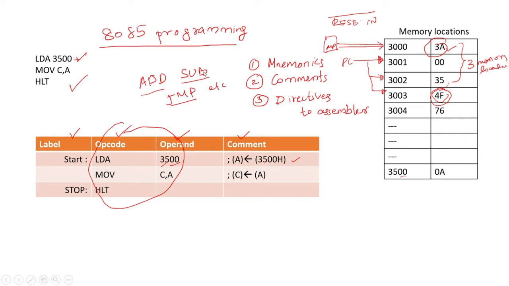Then we can have SUB for subtraction. We can have another instruction, say JUMP. So these are mnemonics. A program written using mnemonics such as ADD, SUB, JUMP, etc. is called an assembly language program.